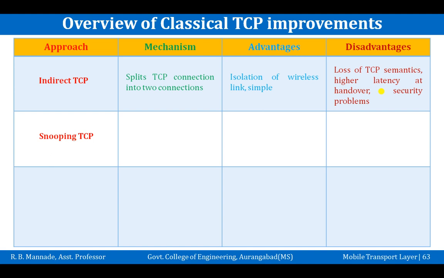The next approach is snooping TCP. Snooping TCP snoops or observes the data and acknowledgements to and from the mobile node and correspondent node. In addition to that, it performs local retransmissions in case of packet loss.